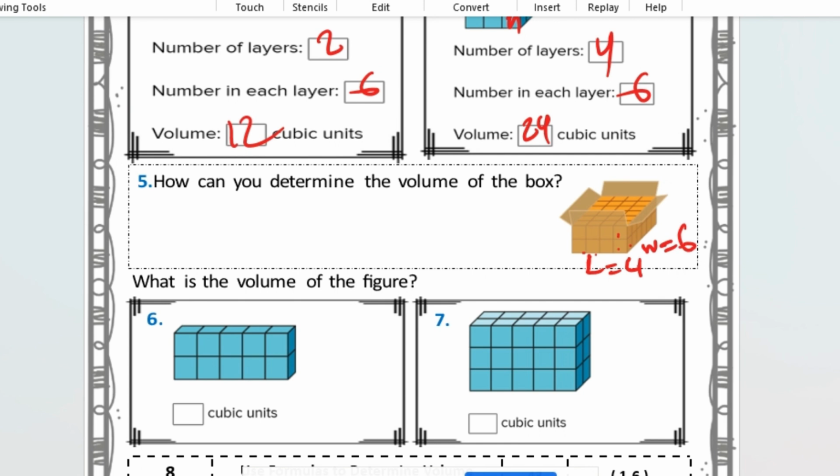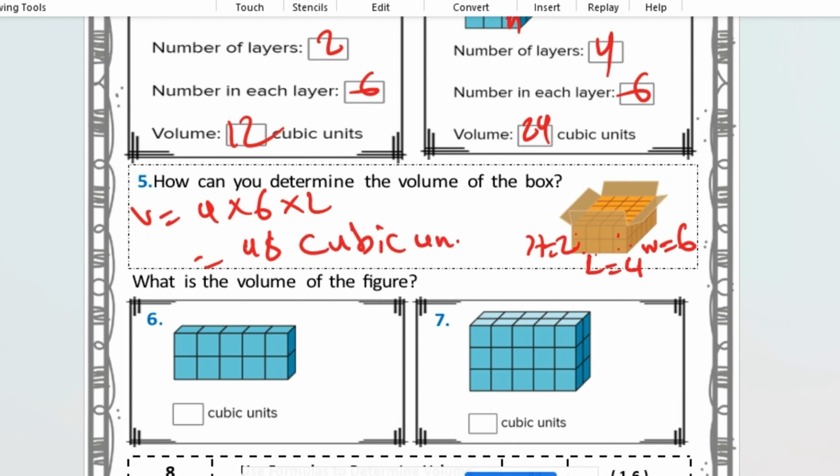W equals 6, and the number of layers, or the height, is 2, so H equals 2. So V equals 4 times 6 times 2, which is equal to 48 cubic units.